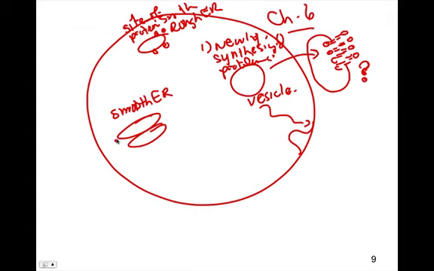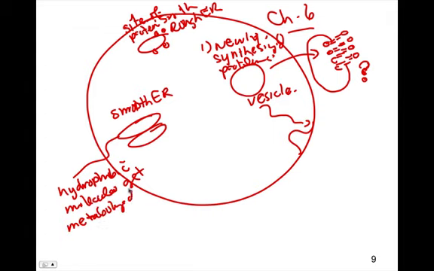What's happening at the smooth ER is that this is a place where hydrophobic molecules get metabolized. And when we say metabolized, we'll learn in Chapter 9, in time for our midterm, that sometimes metabolism involves breaking things down, digesting things.